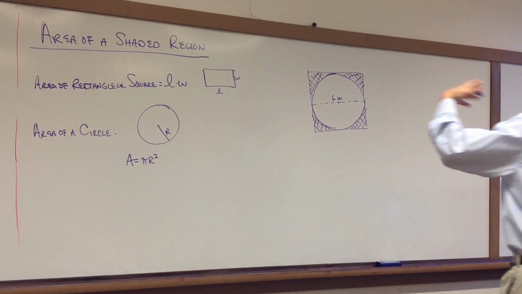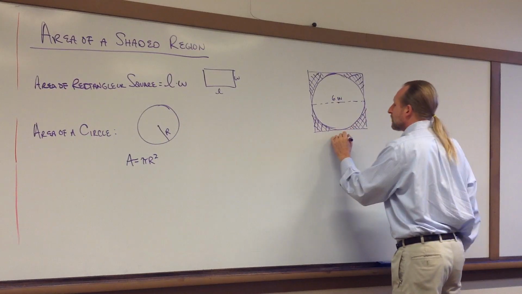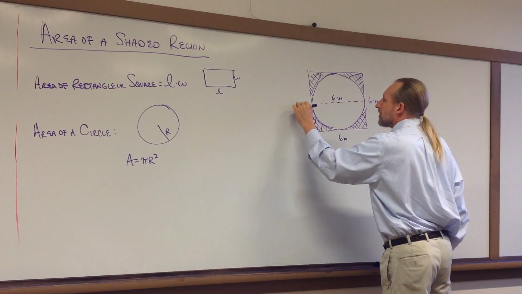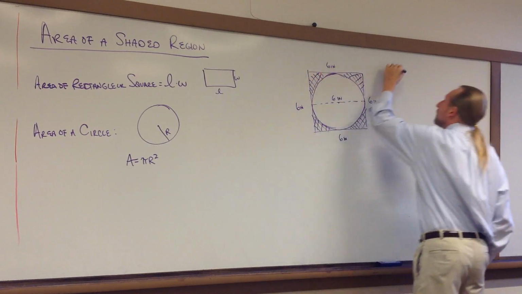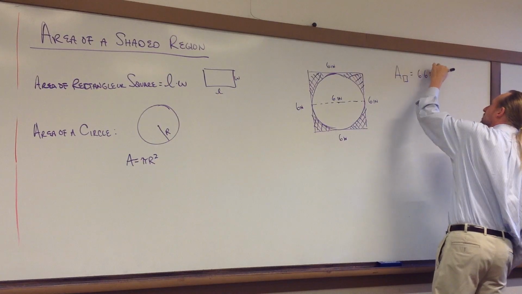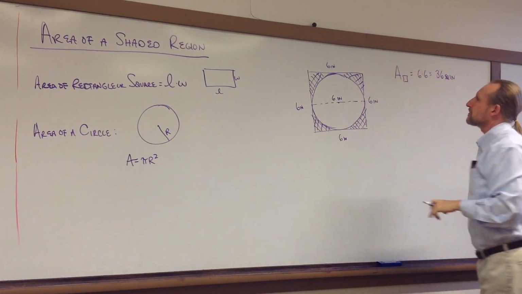Now, be careful with these problems. We need this 6 inches because that's going to be the sides of the square, okay? And so the area for the square is going to be 6 times 6, which is 36 square inches.